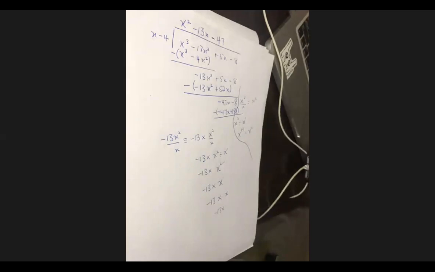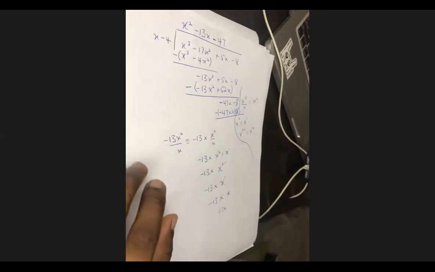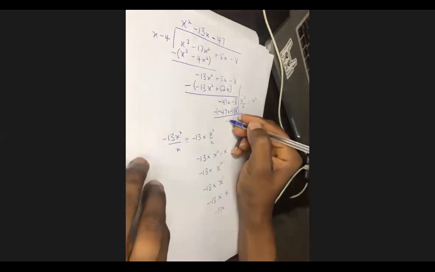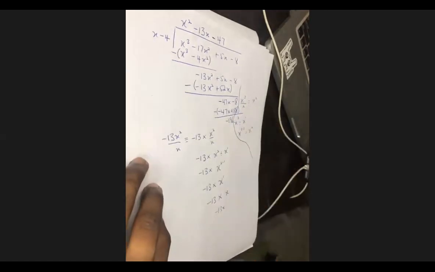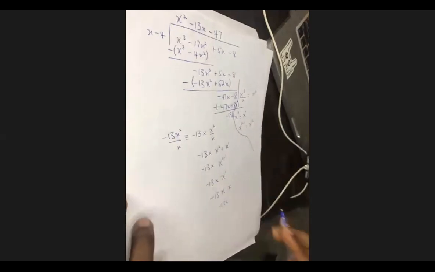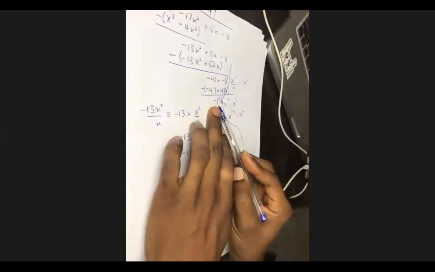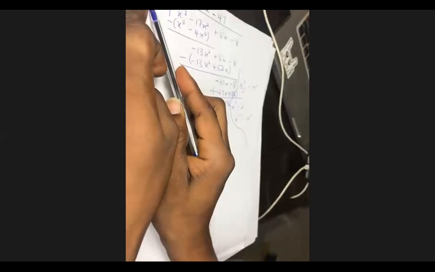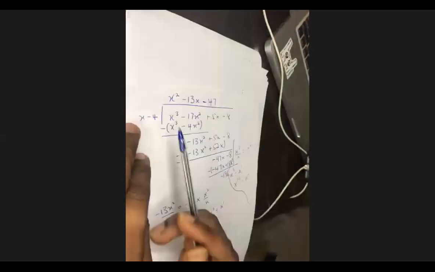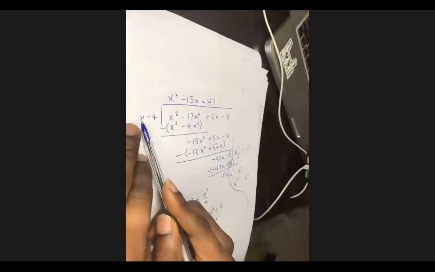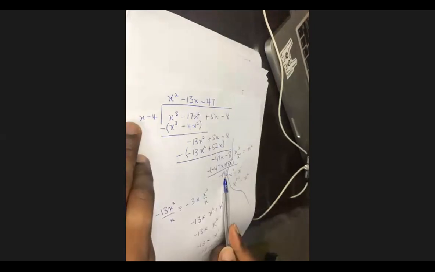Negative 196. Now, do you realize that there's no way this variable, let me show you, good, this variable can go into this number? Yes. Good.